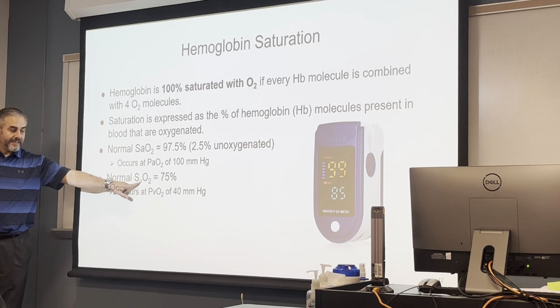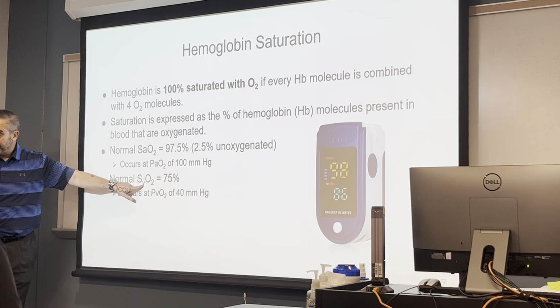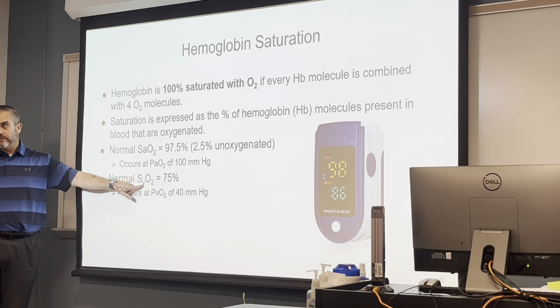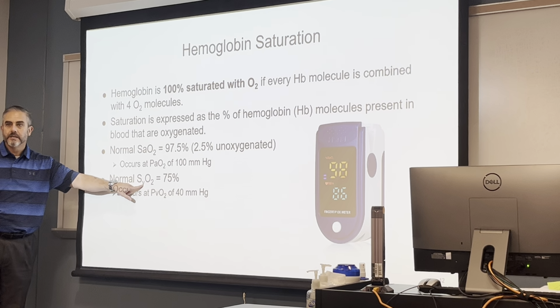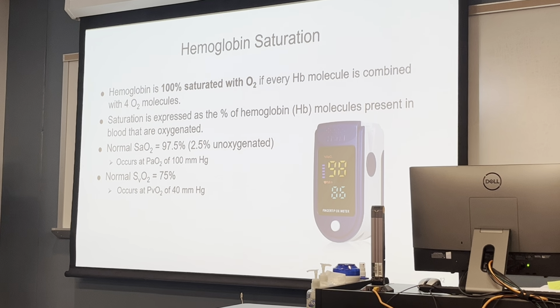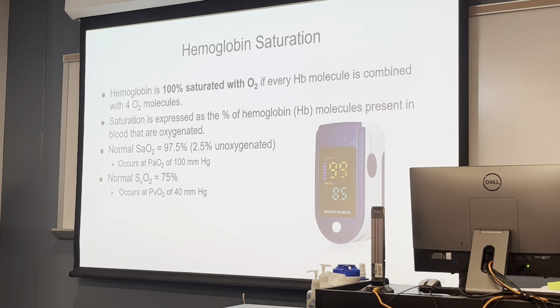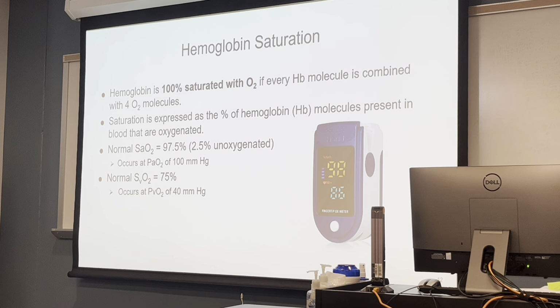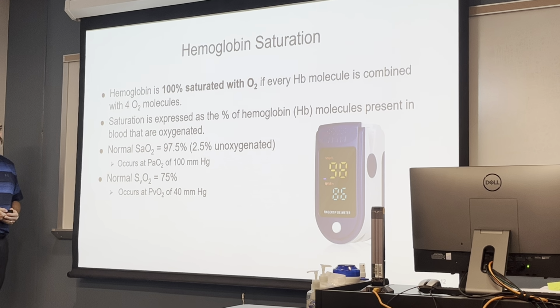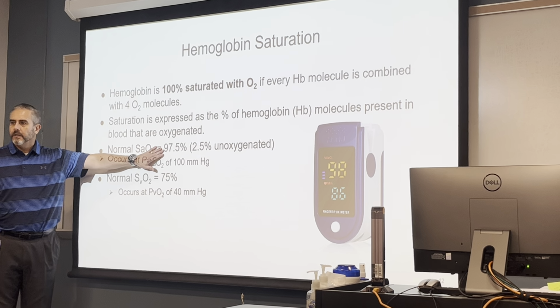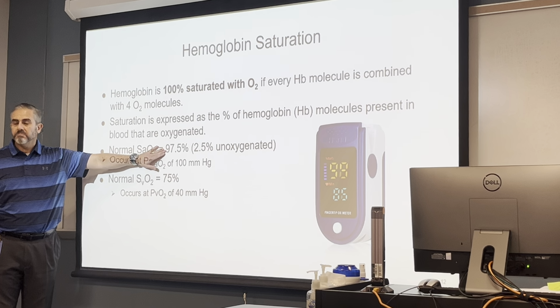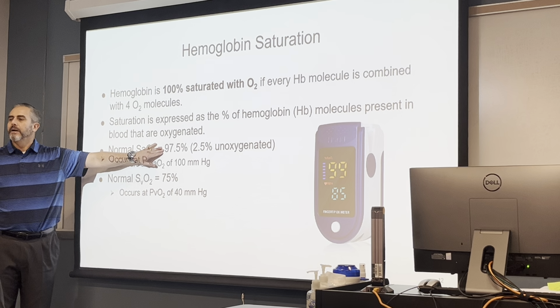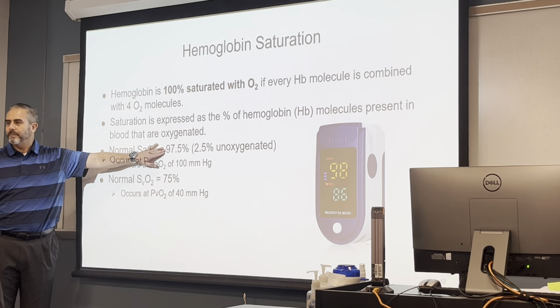Now, normal SvO2, v standing for venous. Okay? Venous blood, instead of arterial blood. So normal venous saturation is about 75%. So if we check the saturation of our arterial blood, again, I'm rounding up here, about 98% of it will be saturated.